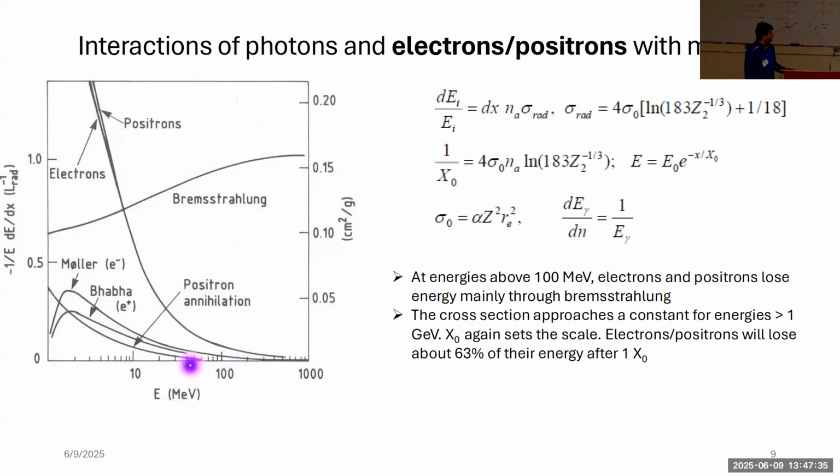And again, this cross-section tends to saturate at higher energies. So we can again characterize the energy loss of the cross-section in terms of this radiation length. And what we basically see here is that an electron will lose about 63% of its energy after one radiation length.